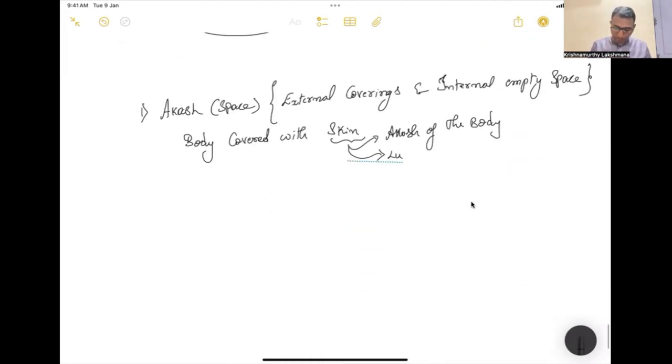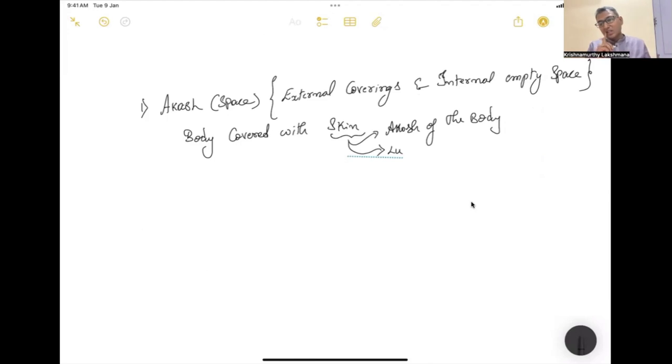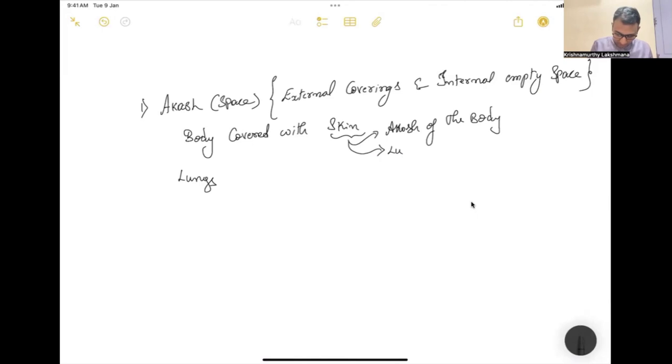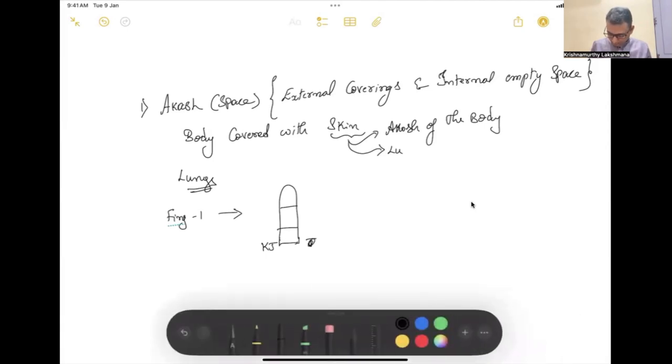Lungs. Akash is associated with lungs. And where do I put it? It is in the Kapha joint, finger 1 out of 3 joints. So in the Kapha joint, I made it lungs.